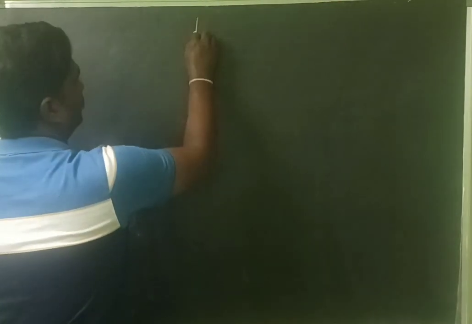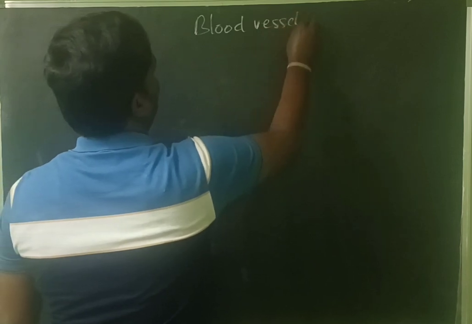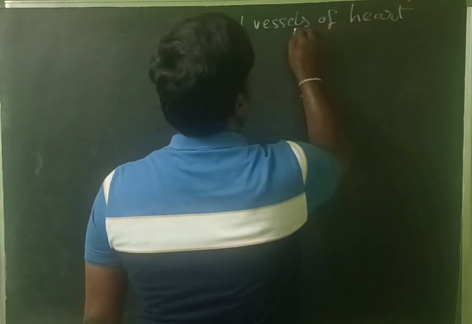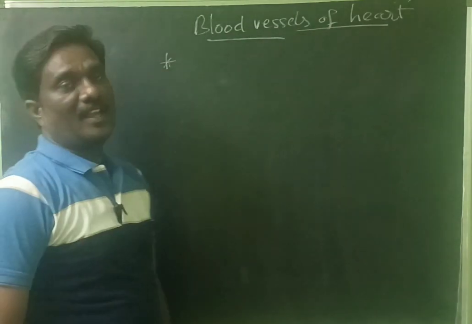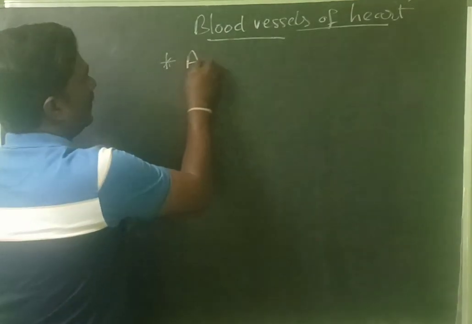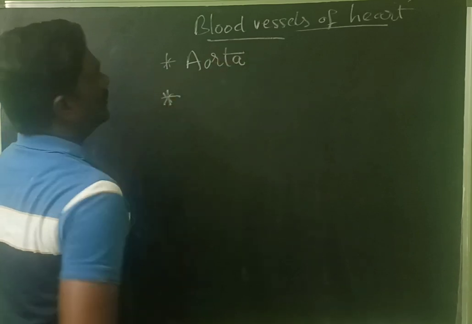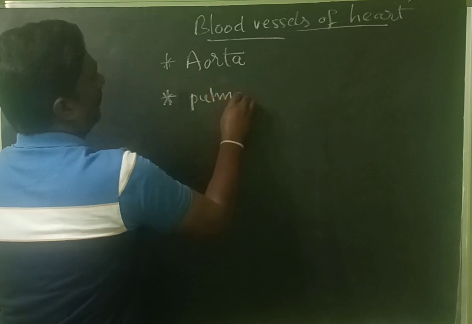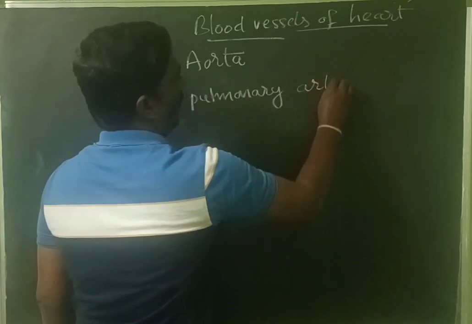Blood vessels of heart. A total of five main blood vessels are associated with the heart. First one is aorta. Next one is pulmonary artery.